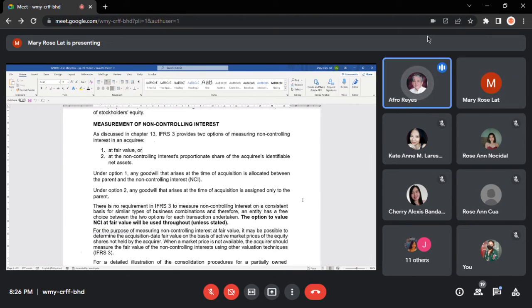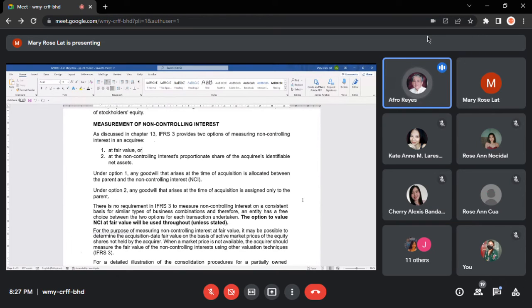Na ikinilose yung income or loss. Isang item yon na covered ng retained earnings sa statement of financial position. Kung nag-profit ang acquiree, ipo-forward yun sa retained earnings. Kung loss, kabawasan yun sa retained earnings, statement of financial position ng acquiree.